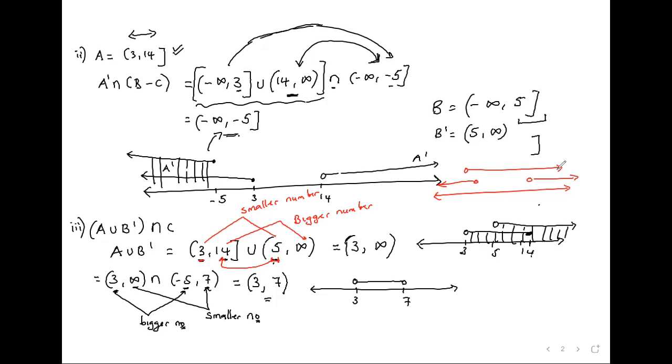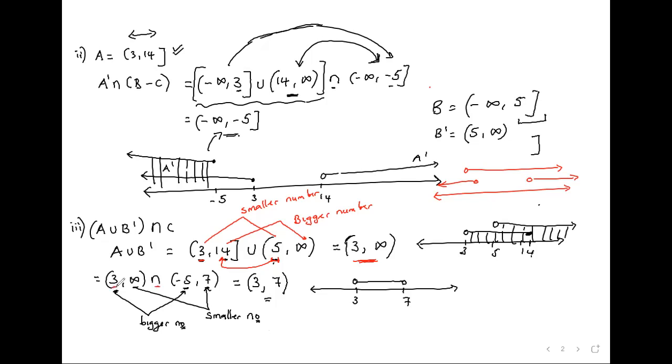For intersection, after we get this as a set here, after you get this interval, 3 to infinity, you bring it and intersect it with C. To intersect, you do the opposite.